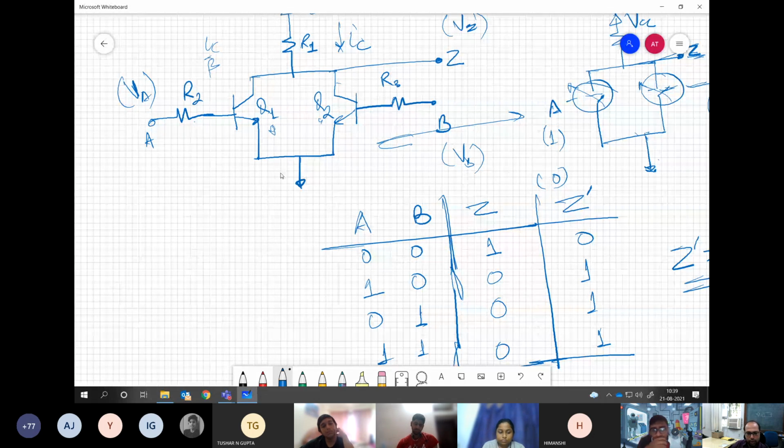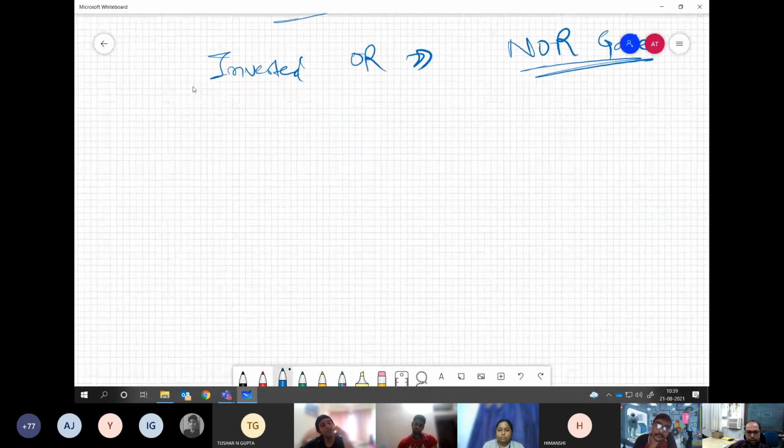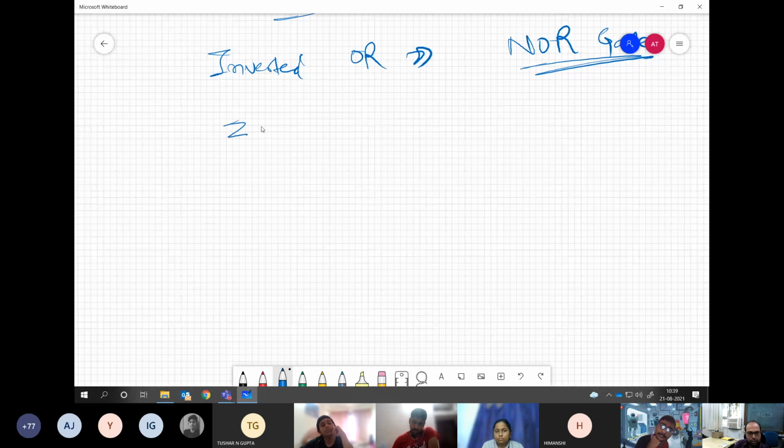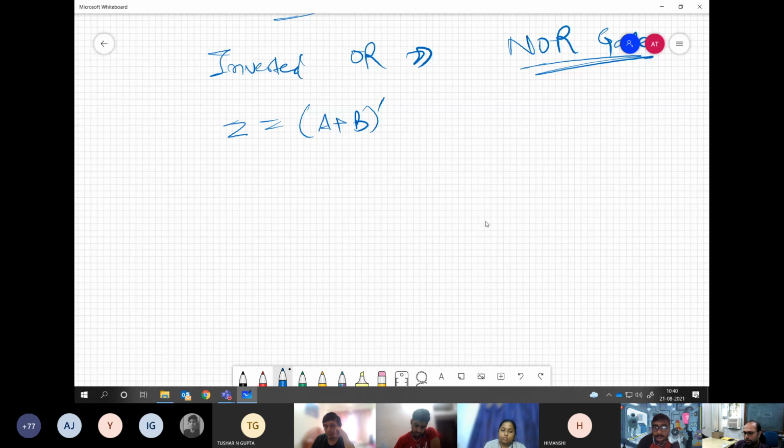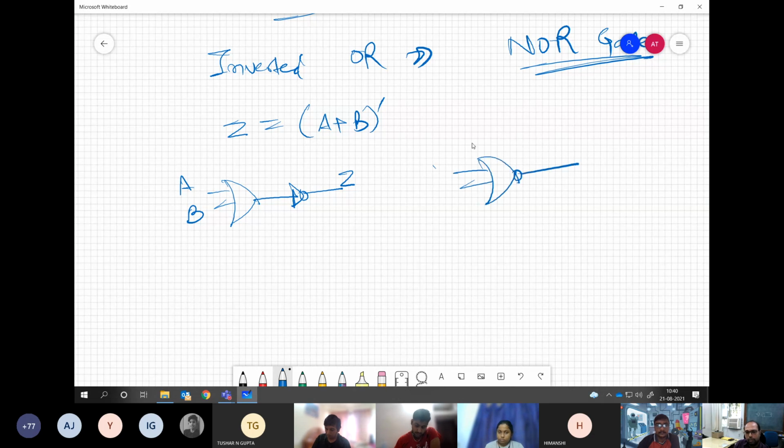So basically what we have realized is Z equal to (A plus B) NOT, isn't it? Symbolically we can represent this as the OR gate connected with a NOT gate. So this is our Z. Clear?